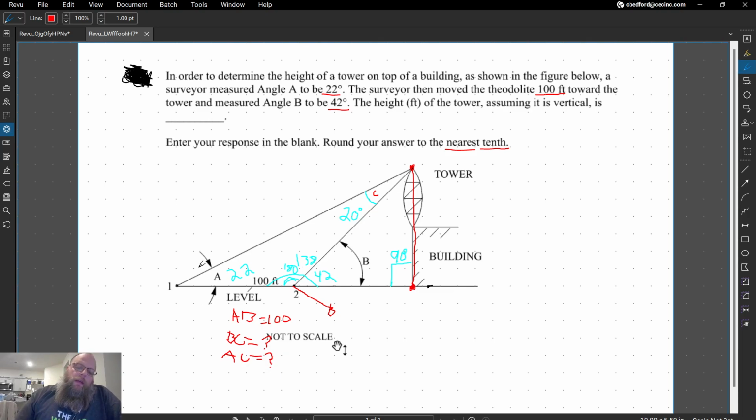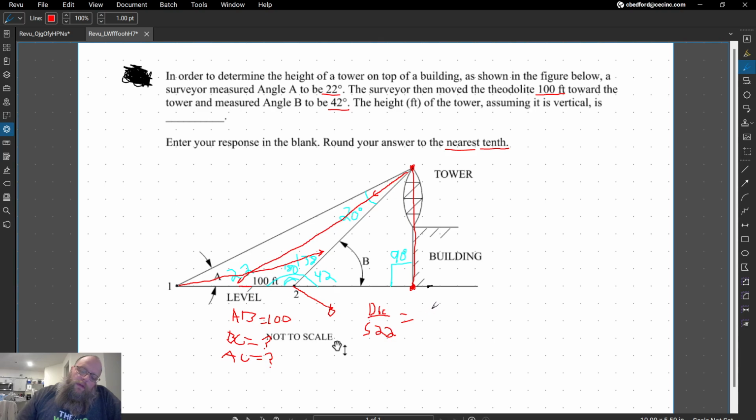Okay, so I know that the law of sines tells me that the distance that is across from this angle, so my opposite, where that angle would point to, which is BC, the distance B to C, over the sine of angle A, which is 22, is going to be equal to the opposite of this line.